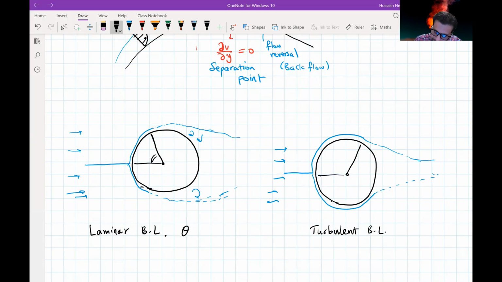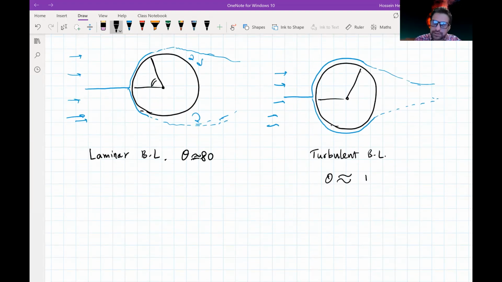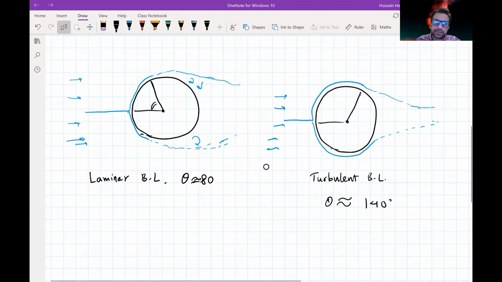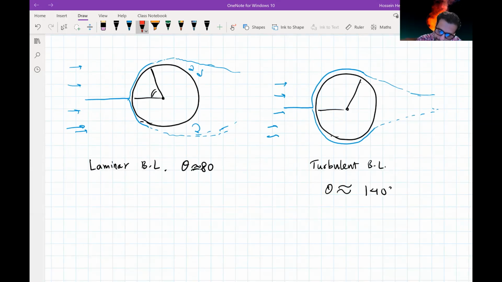The separation point here happens around 80 degrees, and this one, theta, happens around 140 degrees. If you look at the drag coefficient, CD here is 1.2, and CD here is 0.3. So these are the differences.